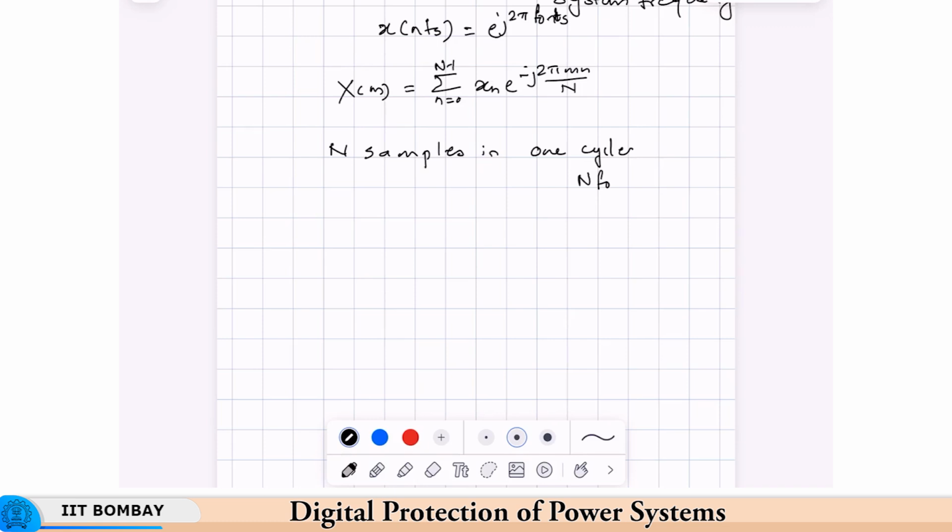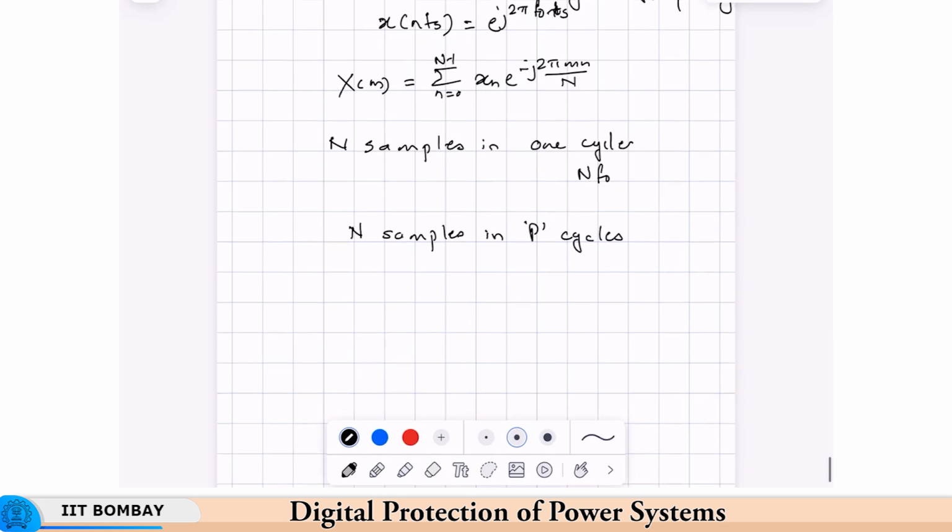Okay. But now we will say that we get N samples in P number of cycles. Now, this P could be any positive real number: 0.8, 1, 1.2. Actually, that will happen when your frequency will change.